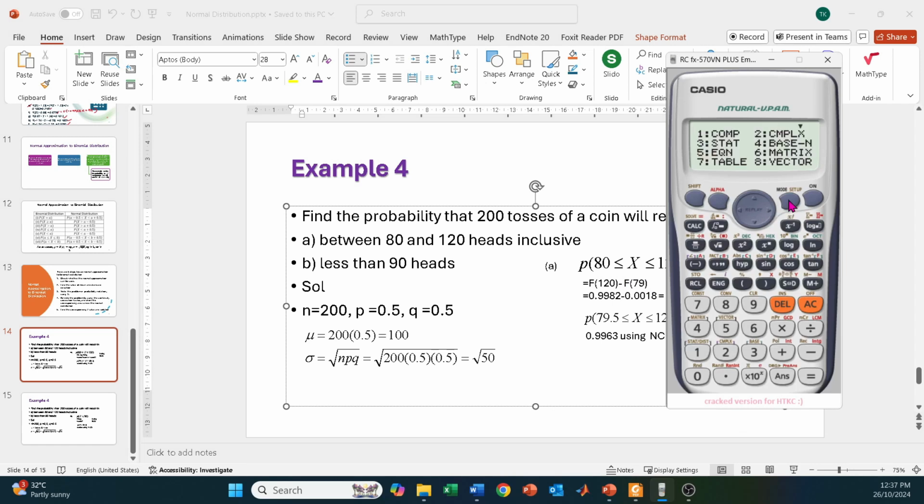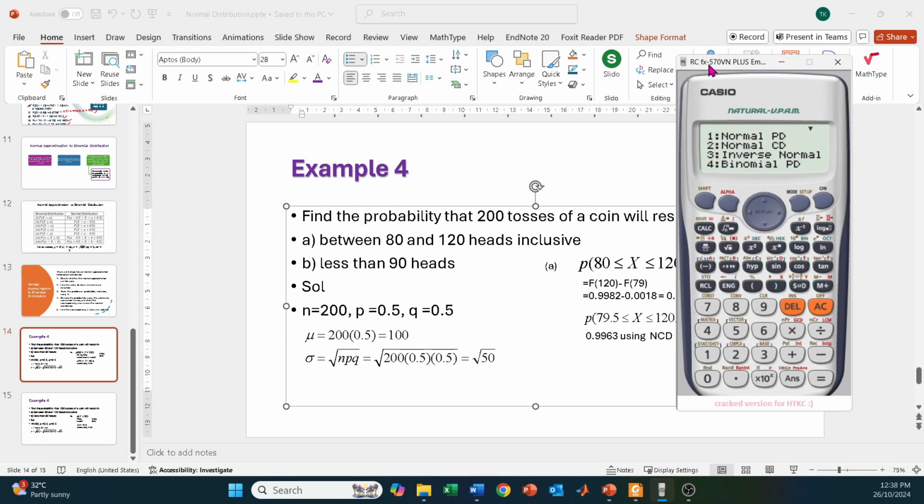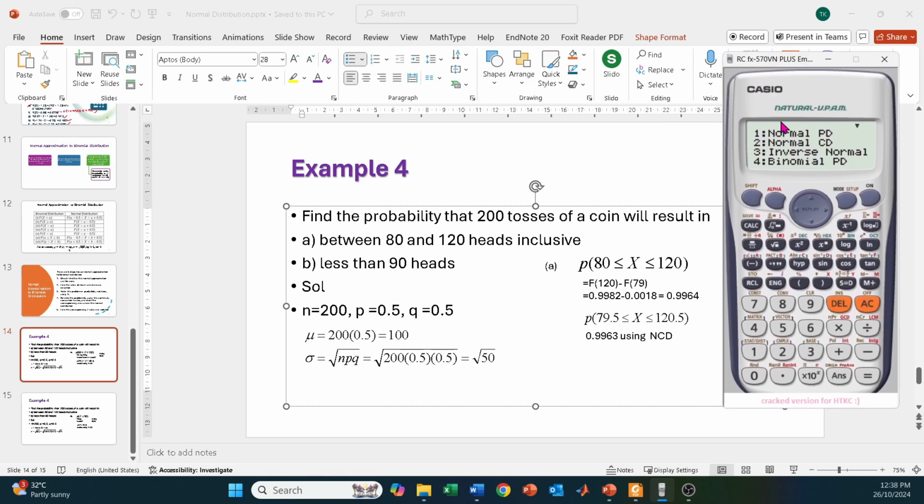So we go to distribution 3, binomial CD, option number 1, then variable x is 120, n is 200, p is 0.5, so I get 0.9982.